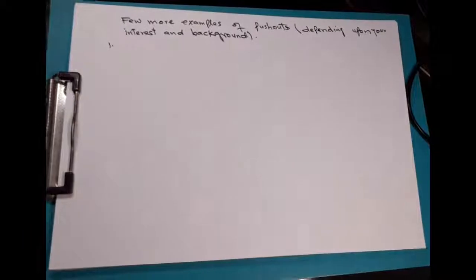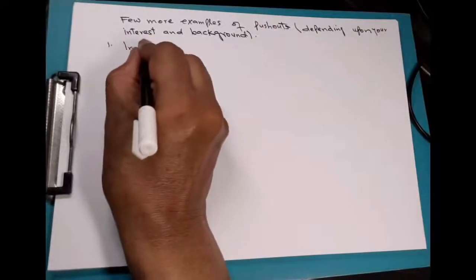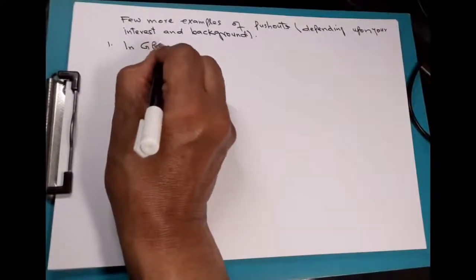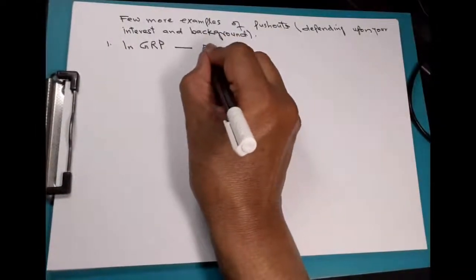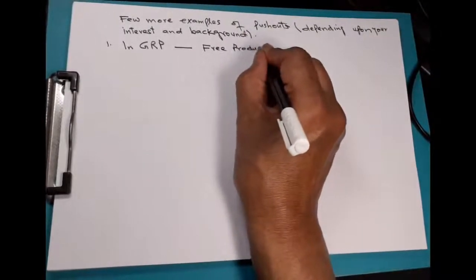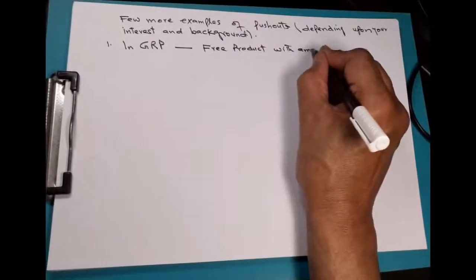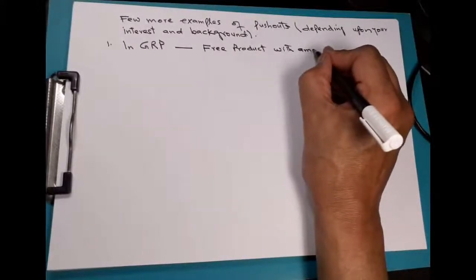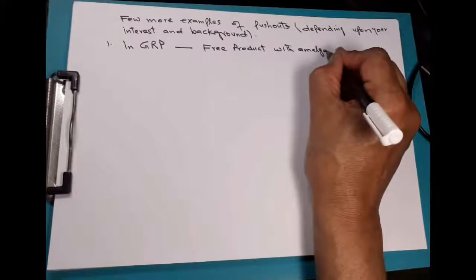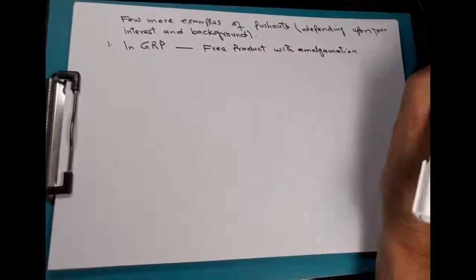So the first example, in the category of groups, in GRP, the category of groups: free product with amalgamation. This is an example of push out.